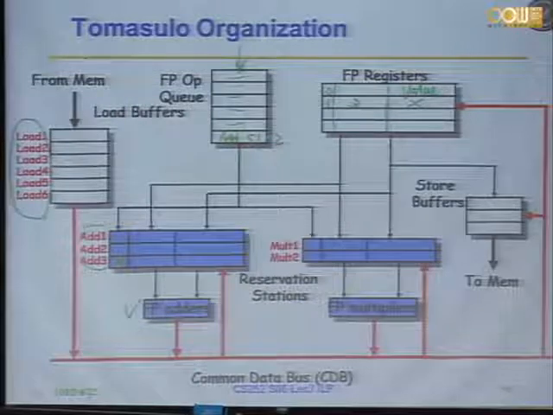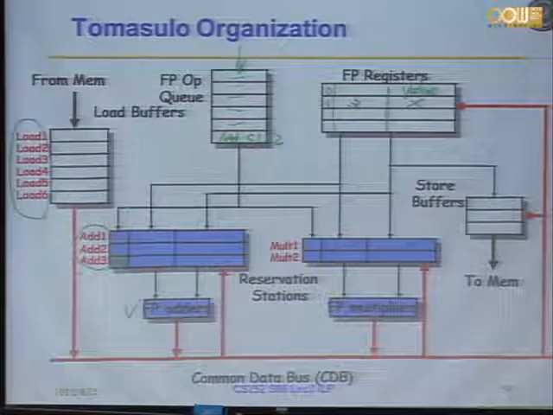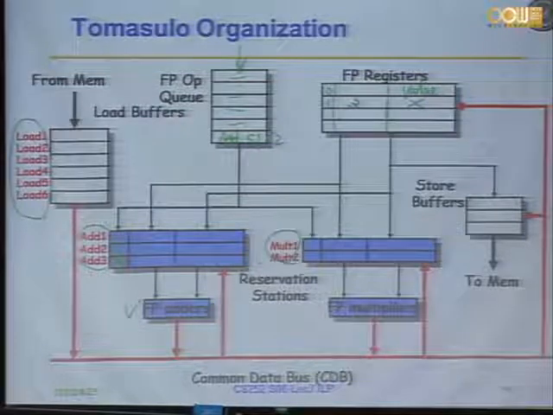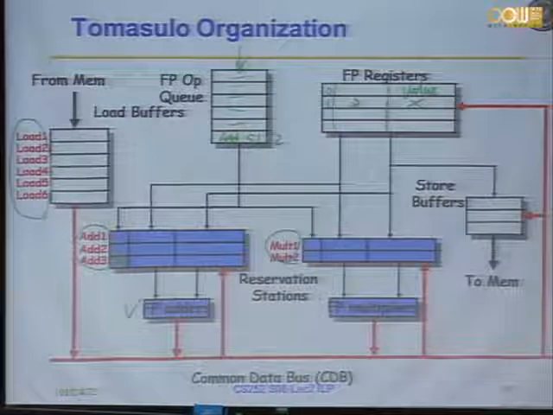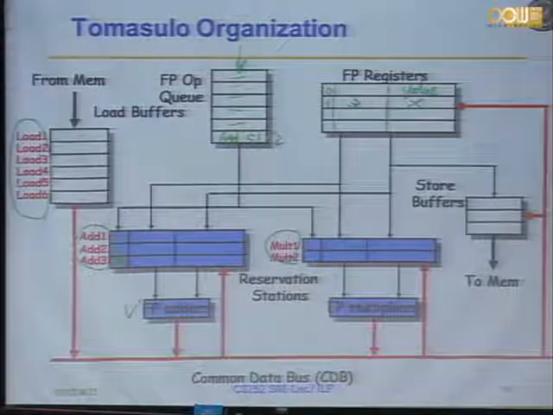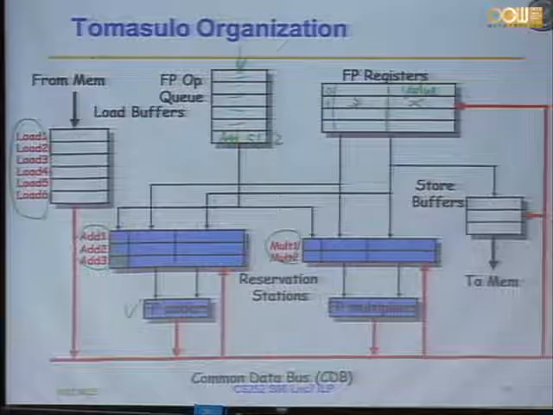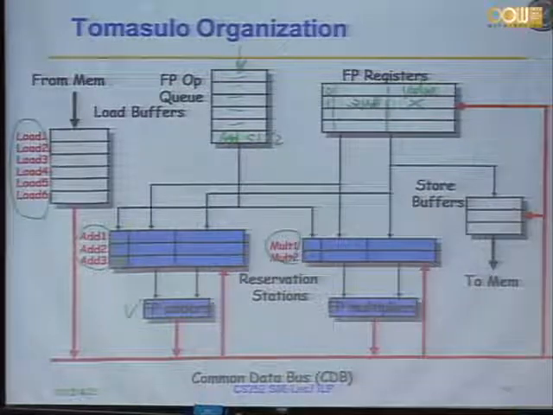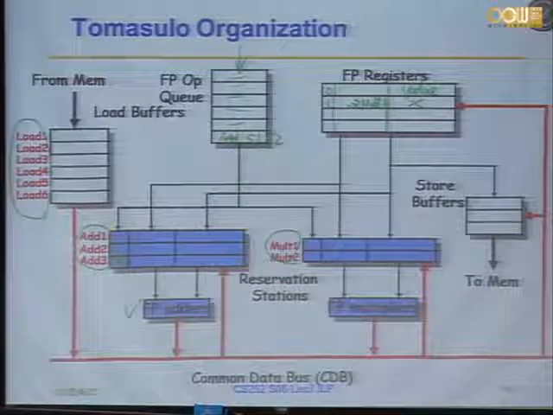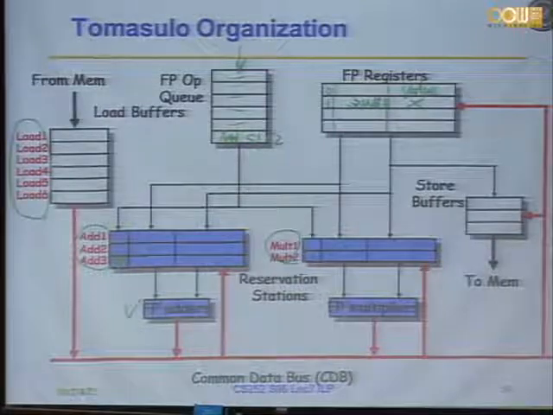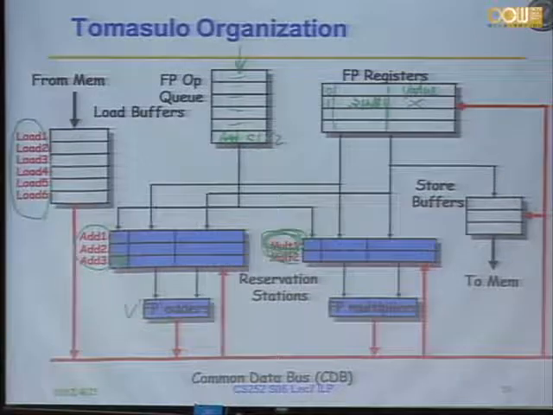Add instructions will generate new values for the registers. Multiply will generate new values for the registers. Will store generate new values for the registers? No, it only reads values out. So these red symbols mean locations where a new value will be generated. Maybe I shouldn't use 3. Maybe I use mode 1, meaning the new value will be generated by the mode 1 instruction.